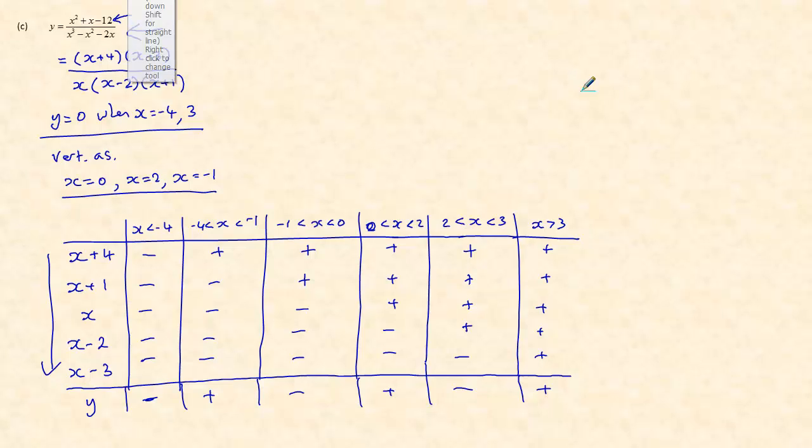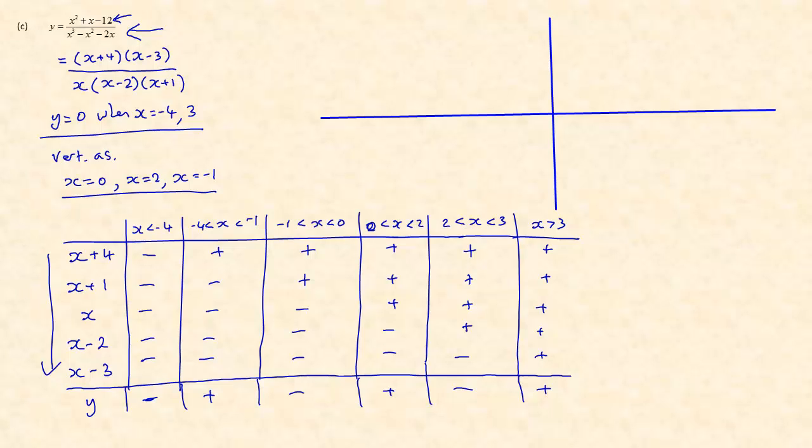So we can probably do our sketch now. So let's put the sketch up here. So x-axis, y-axis. Now the y-axis itself, x equals 0, is one of our asymptotes. So let's put that along there. Let's label that as being x equals 0.